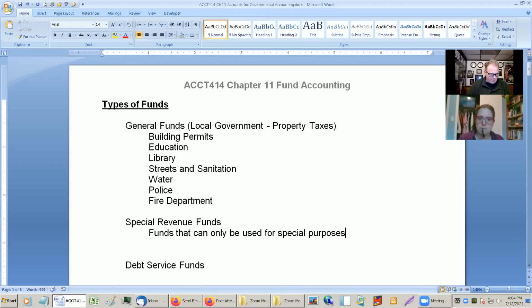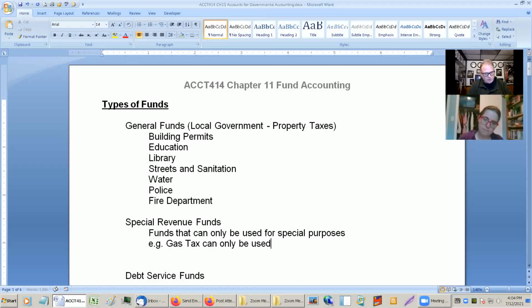Okay, so for example, the gas tax can only be used for road repair.